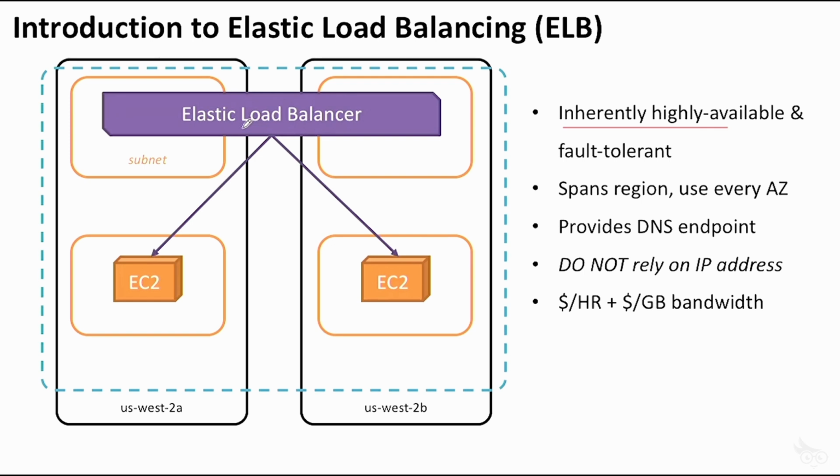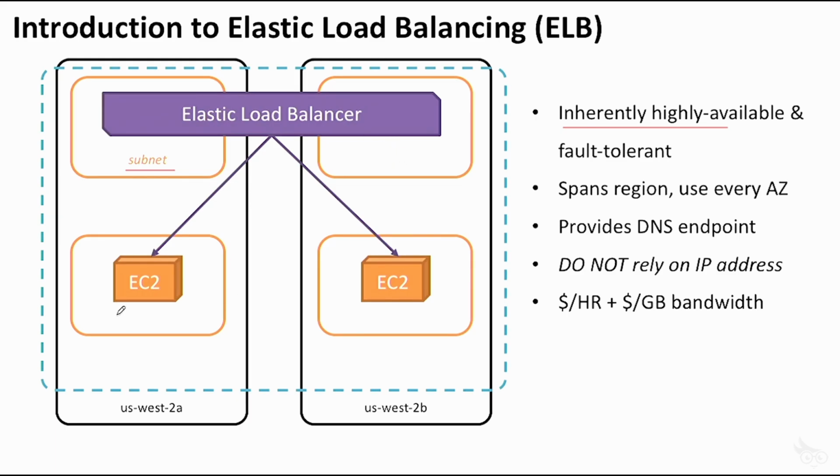Now, when we create one, at the time we create it, we will specify which subnets we want that load balancer to exist in. In this example, our elastic load balancer has a network footprint into 2 different subnets so that we can span multiple availability zones.